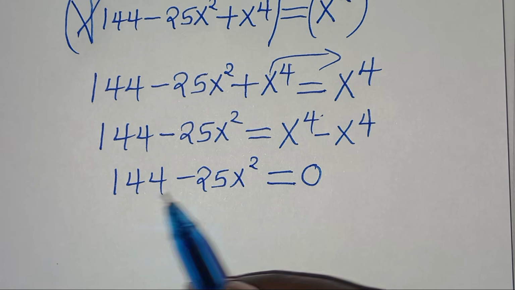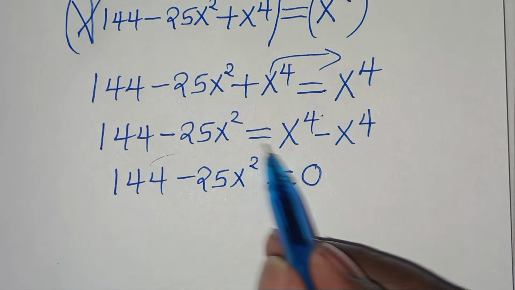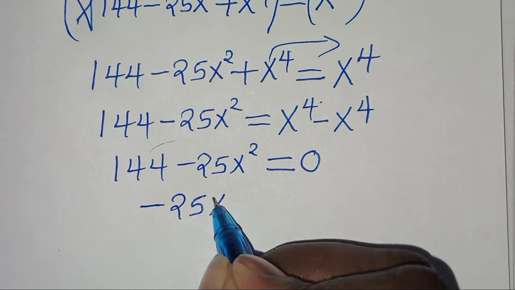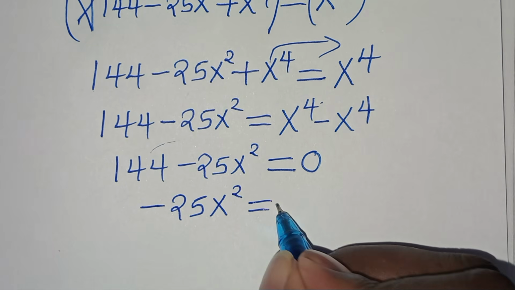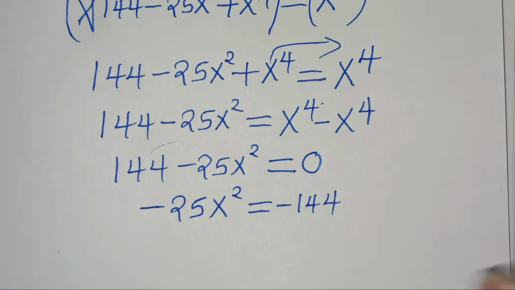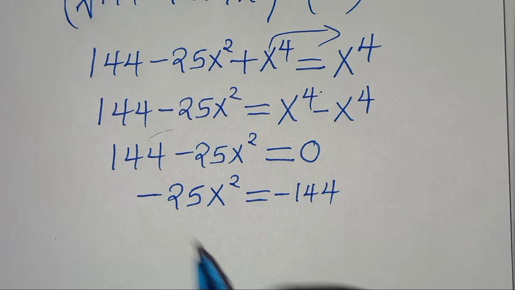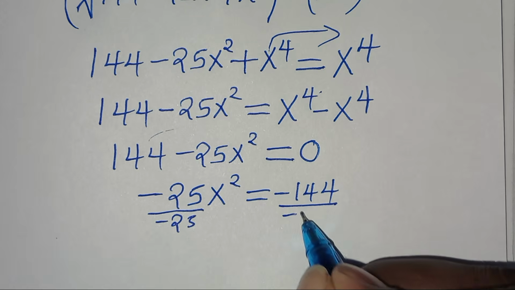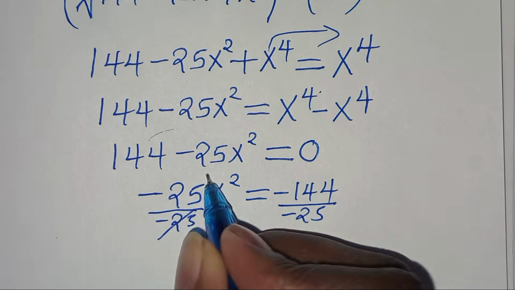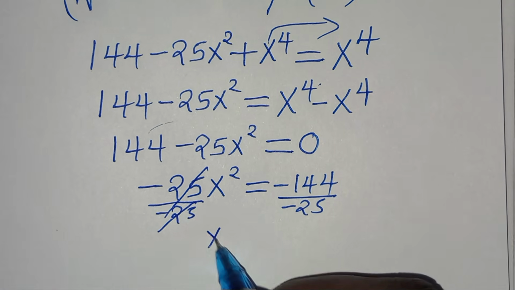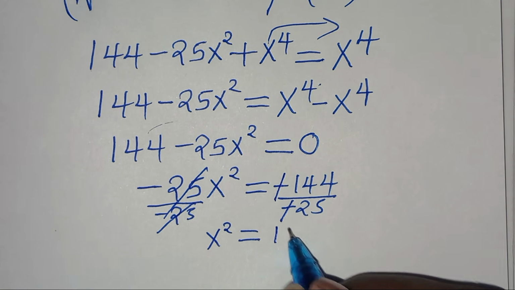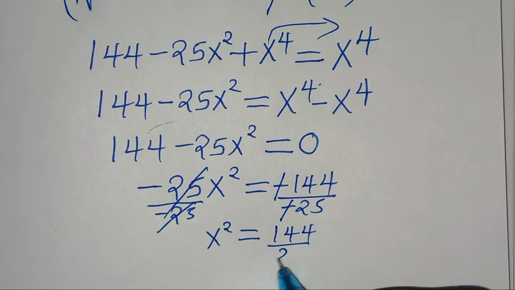Now let's take 144 on the right hand side. So this means we have minus 25 x to the power of 2. This is equal to minus 144. So we can divide both sides by minus 25 and minus 25. So this means that x to the power of 2, this is equal to minus and minus simplify. So we have 144 over 25.